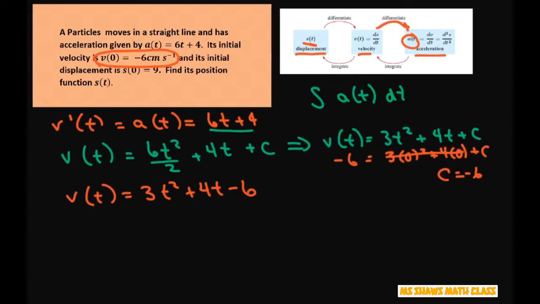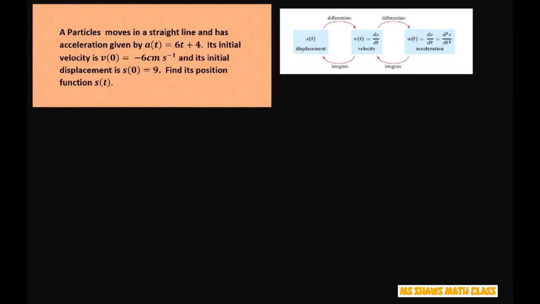All right. So now what we want to do is find s of t. We know v of t equals the derivative of s of t. So let's do the antiderivative of v of t. Again, v of t was 3t squared plus 4t minus 6.